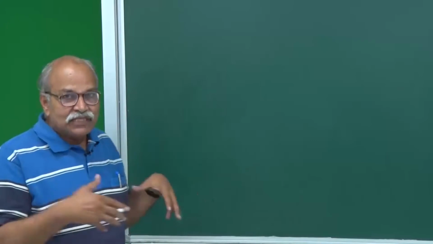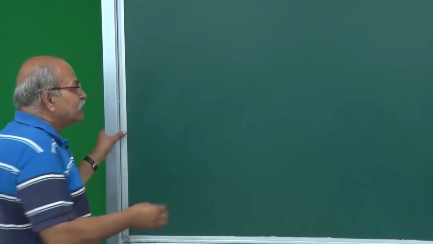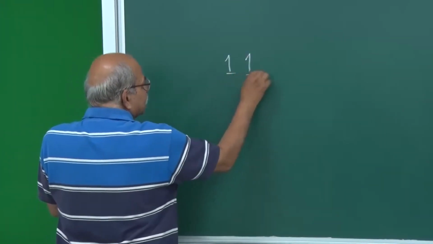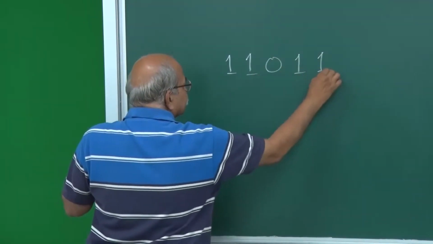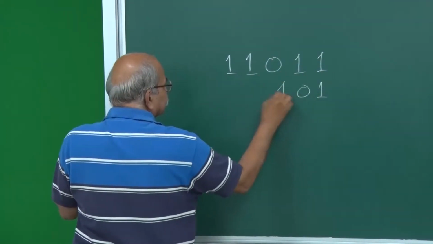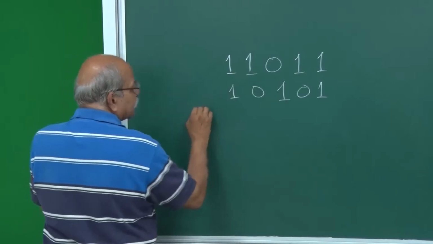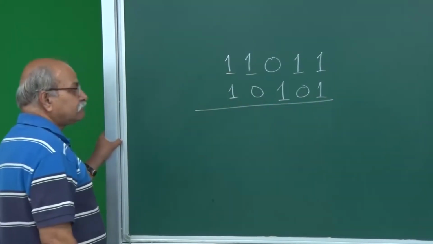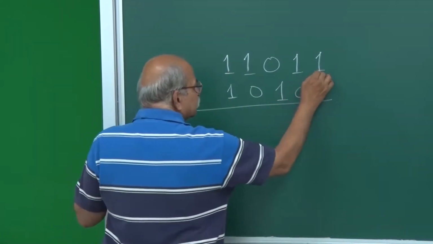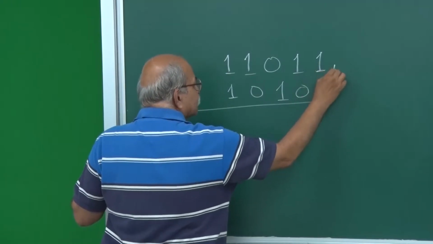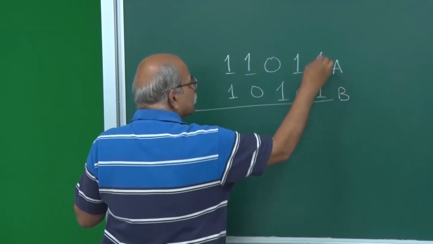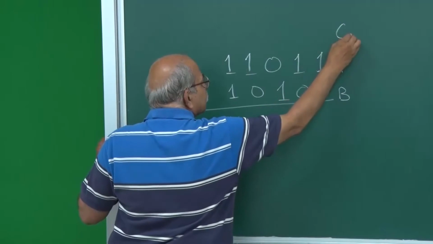So let me first do this arithmetic with some number. So let us say we have some number here, some number here, and we have to add. So this is let us call it A, let us call it B. So what we do, and this is our carry.